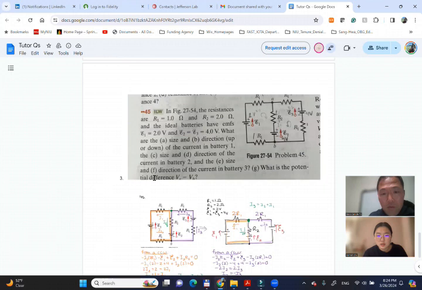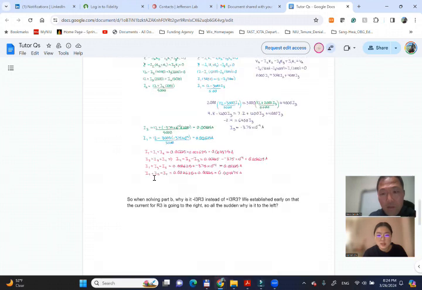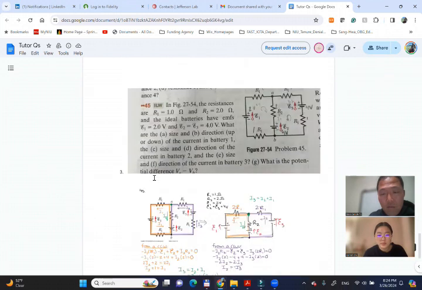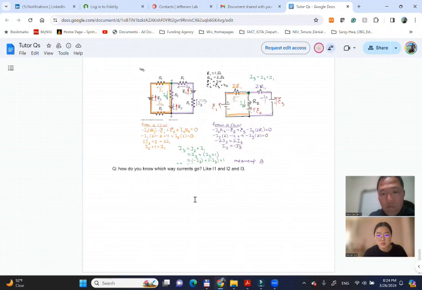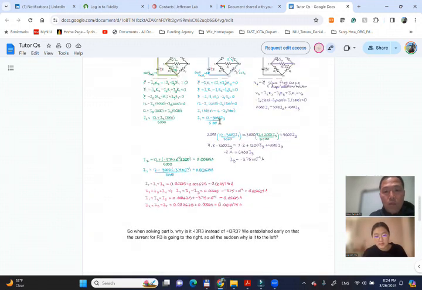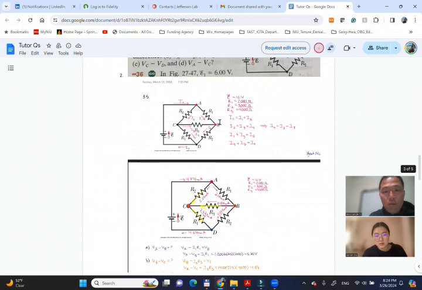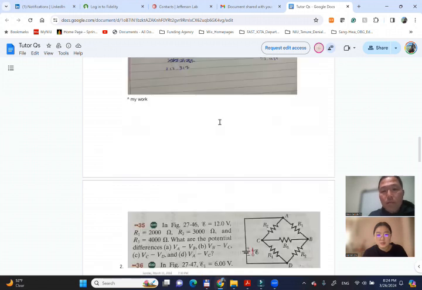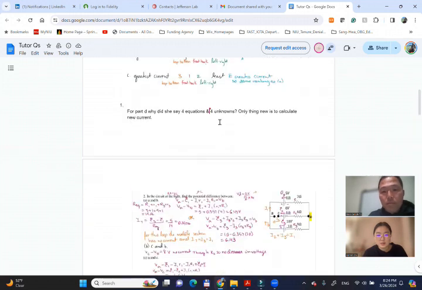No, the one right below the last one we were at, on page two. The one above this one. Yeah, that one.